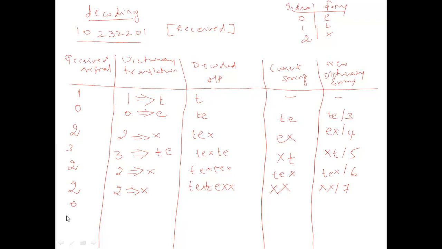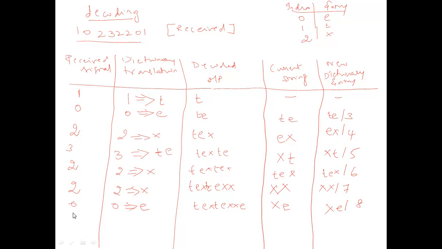Now the next received signal is 0. 0 will be translated as E. So this is again TEXT EXXE. Current string is nothing but previous translation X plus the first letter of the present translation E. So this XE will come in the entry 8.